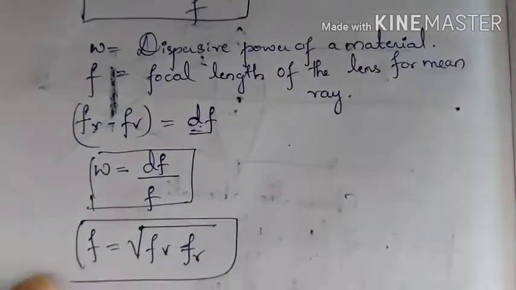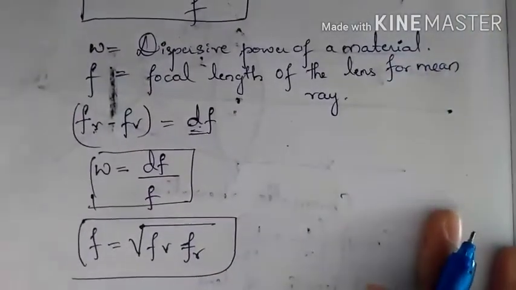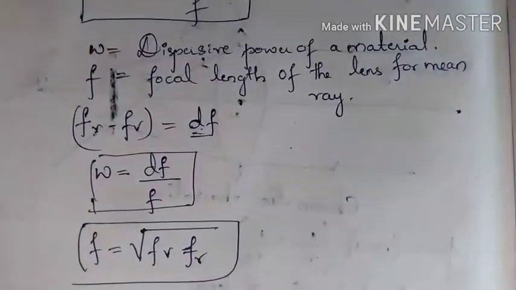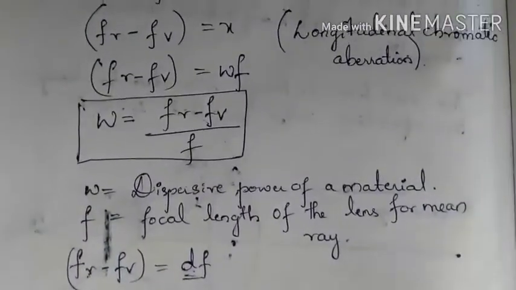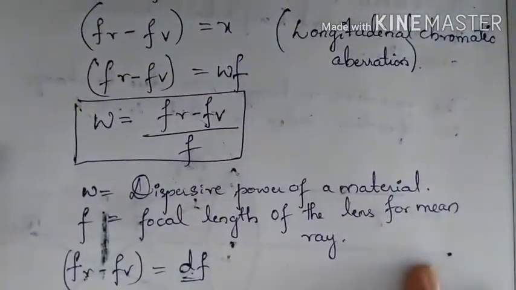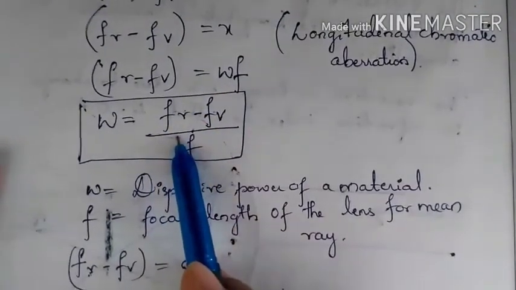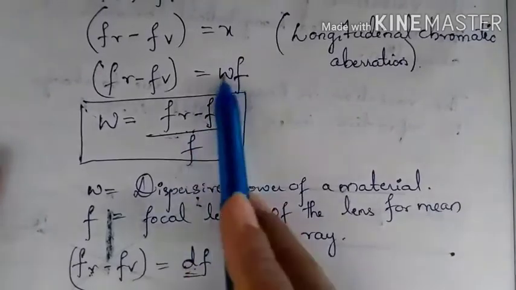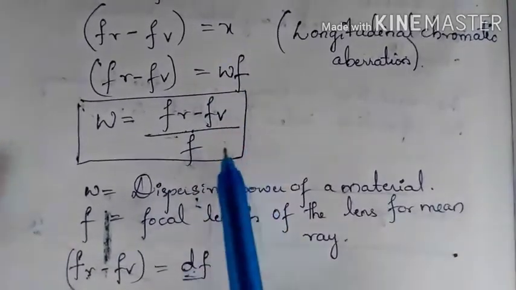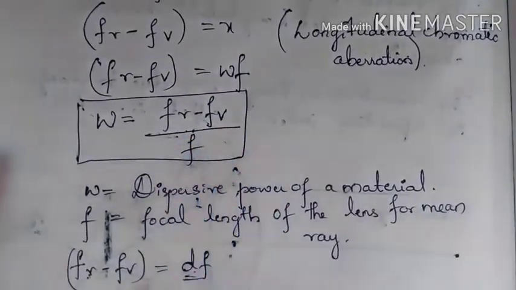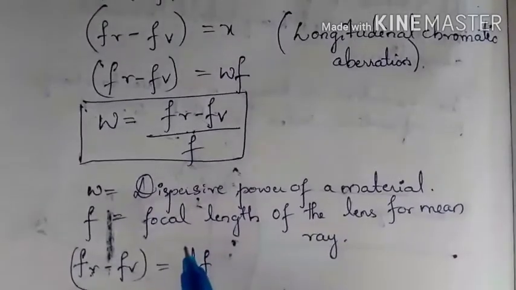So this is what chromatic aberration is. In this chromatic aberration we found the dispersive power of a material, which we denoted as omega. Here FR is the focal length for the red ray, FV is the focal length for the violet ray, and F is the mean focal length for a lens.